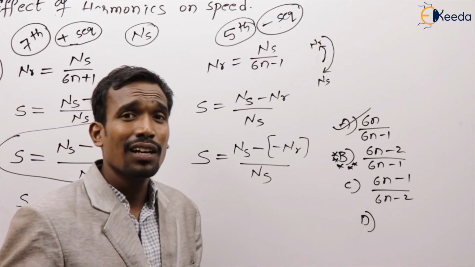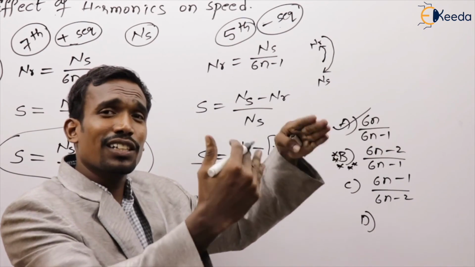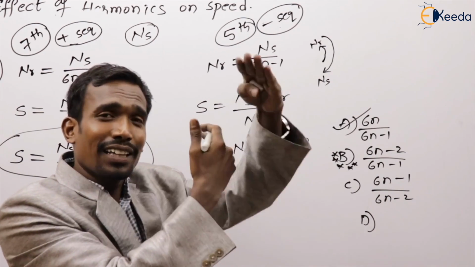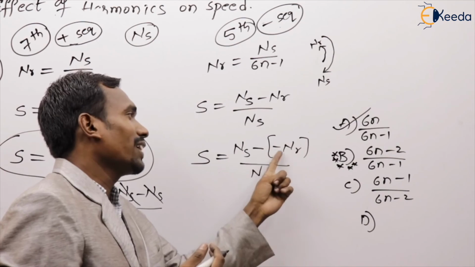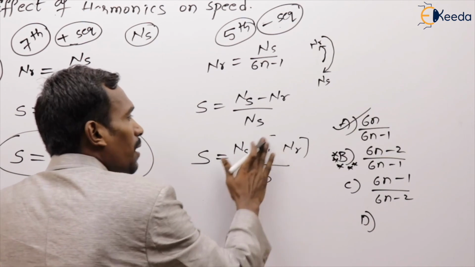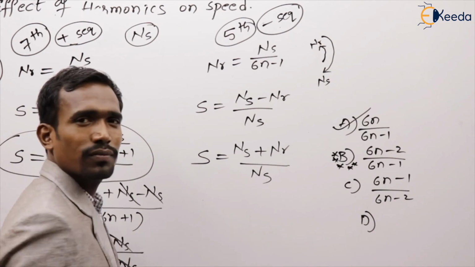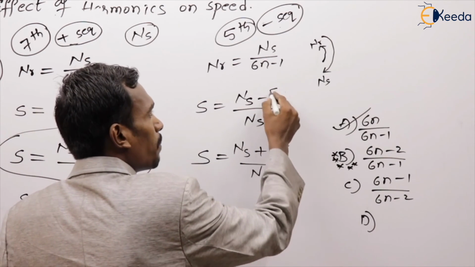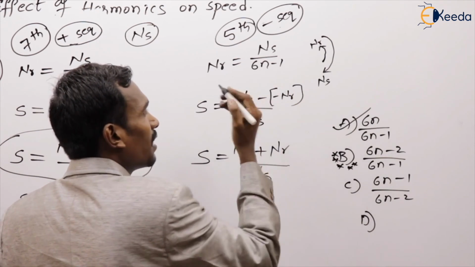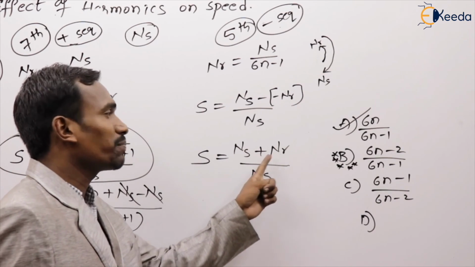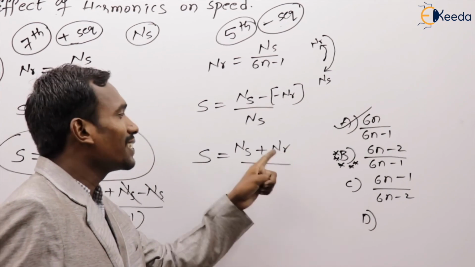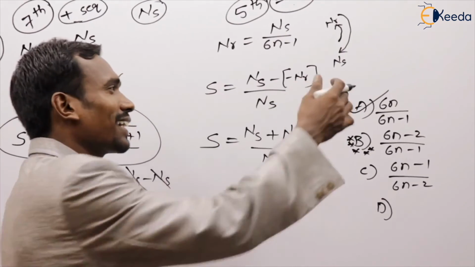If both are in opposite directions, what is the relative motion? N1 minus of minus N2, that is N1 plus N2. Minus of minus Nr, that's why Ns plus Nr. This is the common mistake. Then you can get option A.